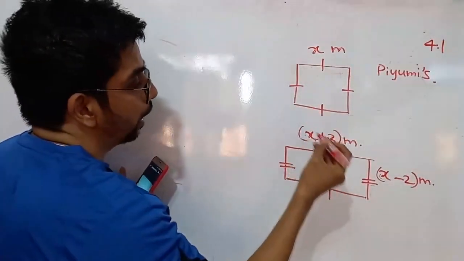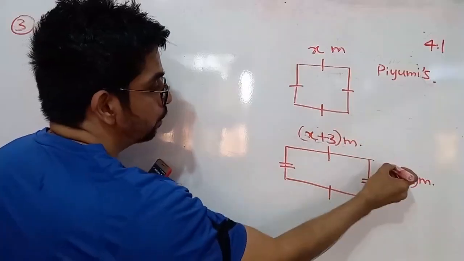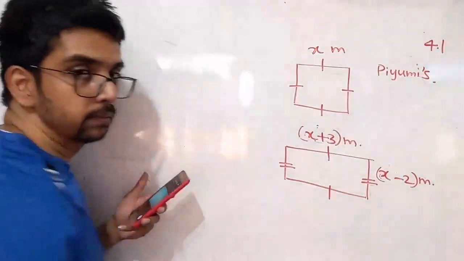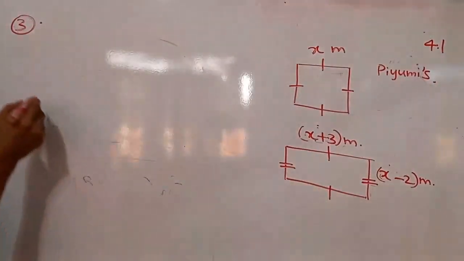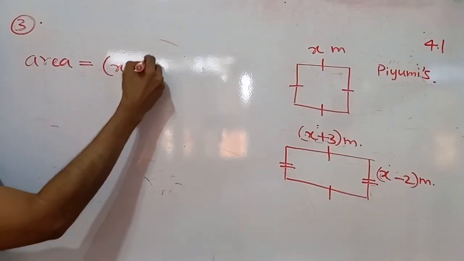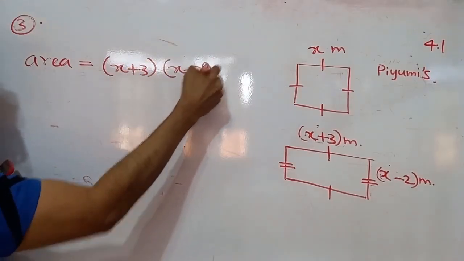So we have to take these two measurements and find the area. So how do we find the area? Area is equal to, just as before, (x plus 3) into (x minus 2).